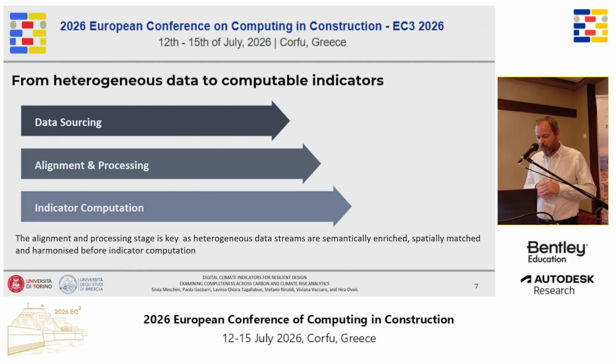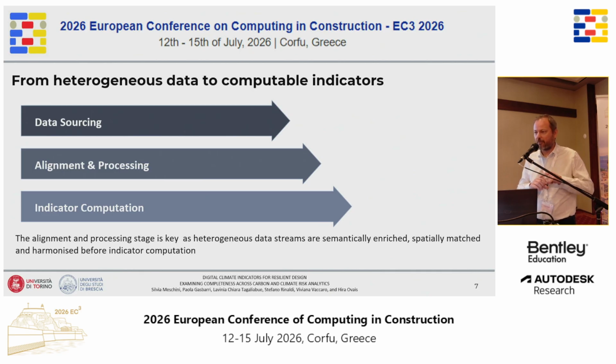Our framework is composed of three layers: data sourcing, alignment and processing, and indicator computation. As I mentioned before, in the case of the digital climate indicator, the data sources are heterogeneous, like, for example, static data coming from BIM, IoT sensors, remote sensing maps, and so on.